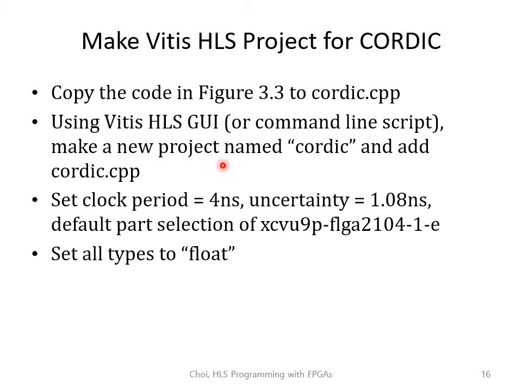Make a new project named CORDIC and add CORDIC.cpp file. Set the clock period to 4 nanoseconds, uncertainty to 1.08 nanoseconds, and keep the default part selection of the AWS F1 FPGA. For the baseline, you can set all types to float.